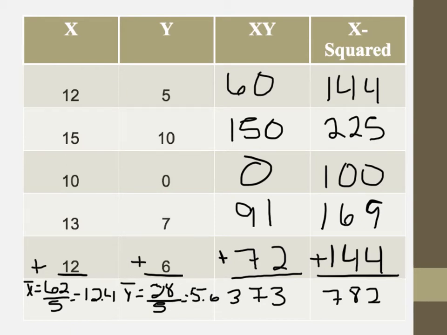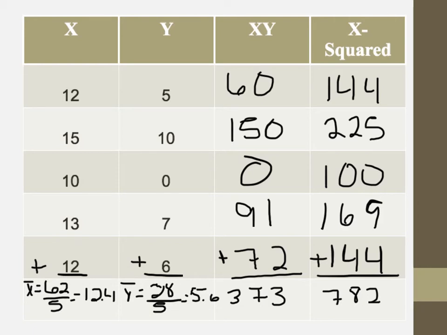Then I've just multiplied across to get my xy's. So 12 times 5 is 60, 15 times 10 is 150, 10 times 0 is 0, 13 times 7 is 91, and 12 times 6 is 72. Then I have my x squares, so I take the numbers in this column and I square them, which gives me 144, 225, 100, 169, and 144.